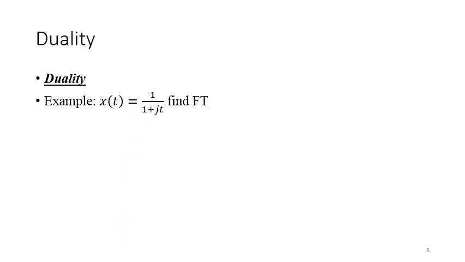If you recall, we have a similar Fourier transform. For example, if we have x of t equals e power minus t u of t, we have done such an example, and it has the Fourier transform 1 over 1 plus j omega, right?